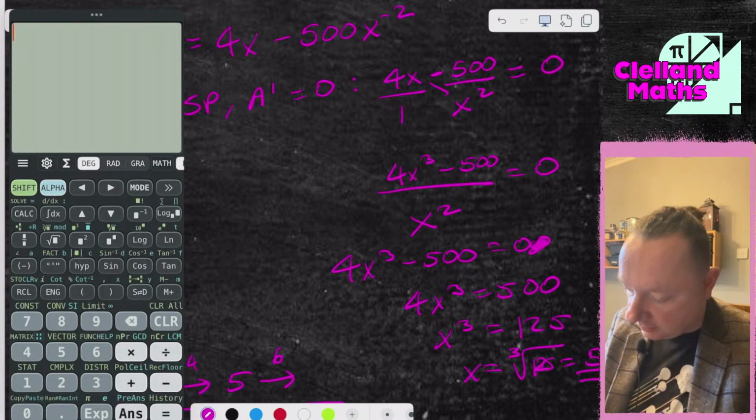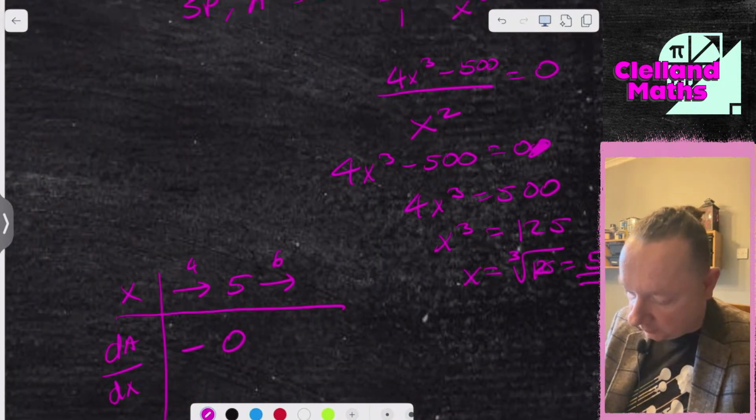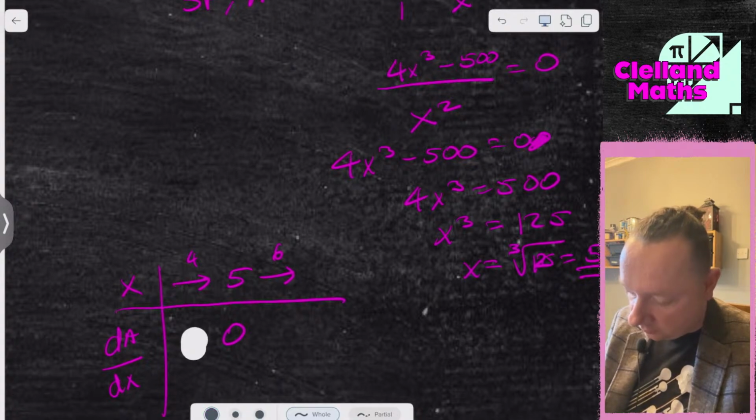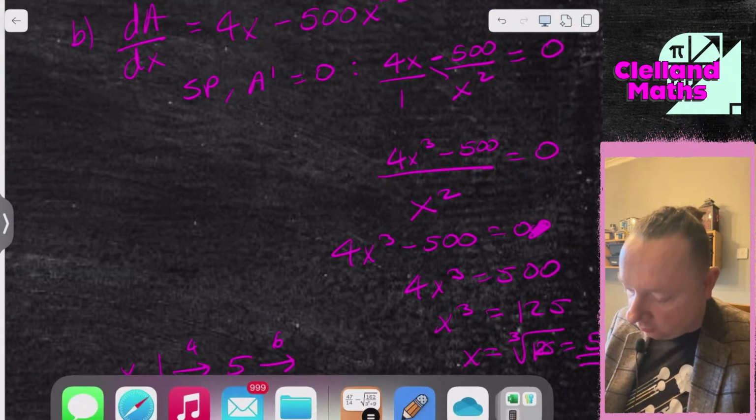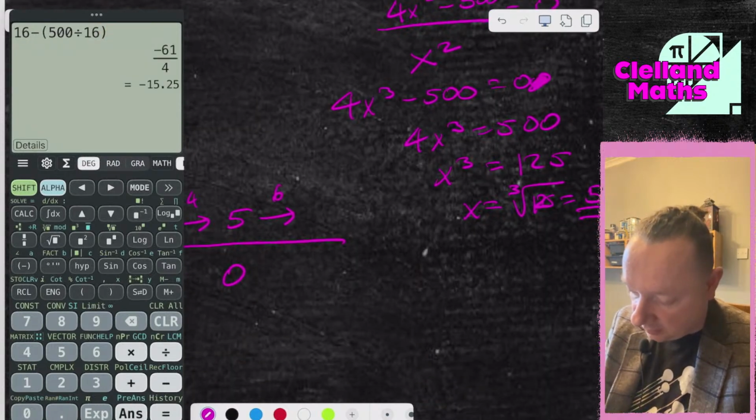4 times 6 is 24. Let's start that again, because I think I made a mistake with that one, didn't I? This is 4 4s is 16. Let's put 4 in properly again. 4 4s is 16 minus 500 over 16, 4 squared. That's still minus anyway, but just to be on the safe side.